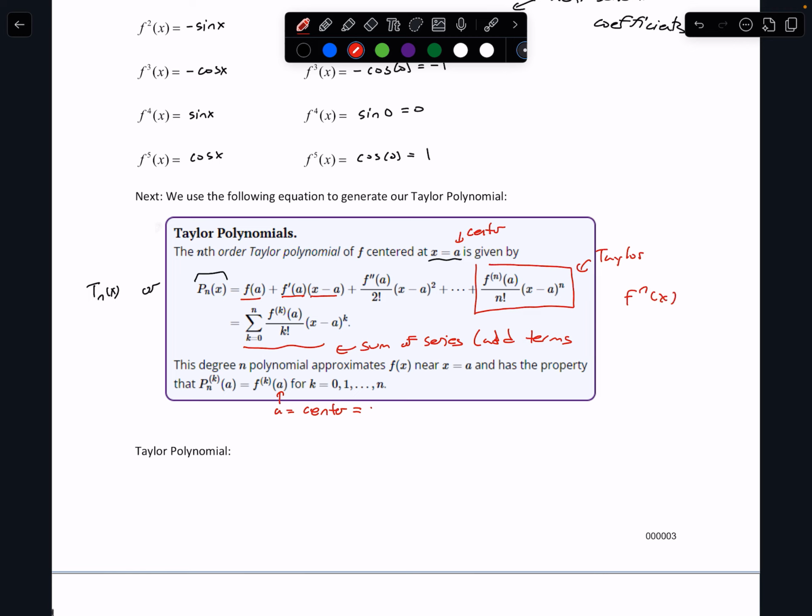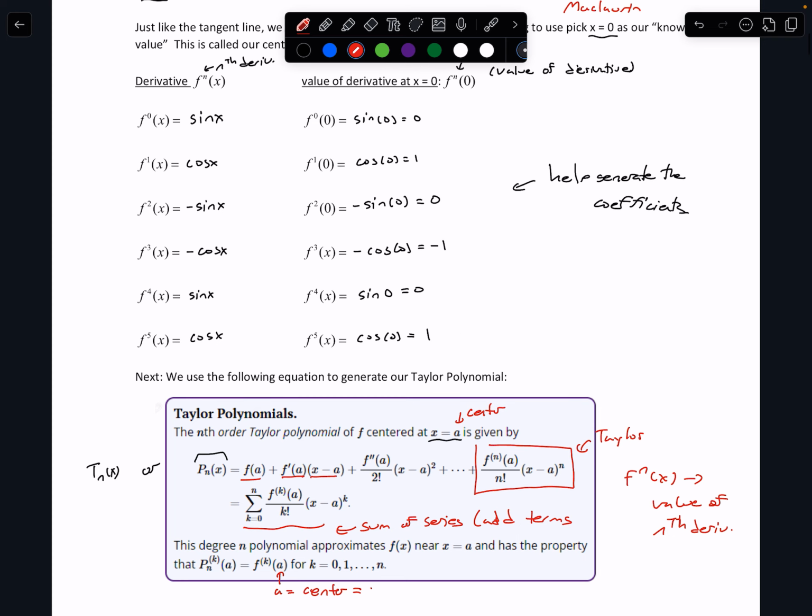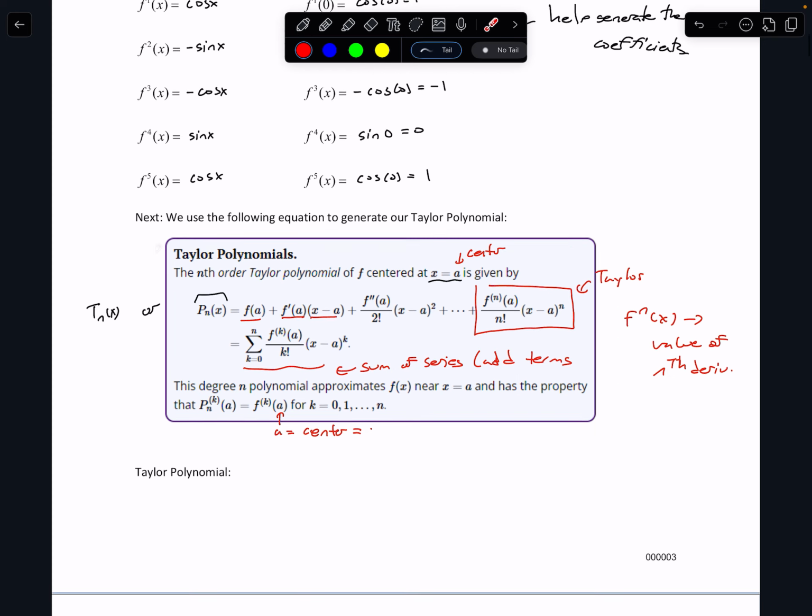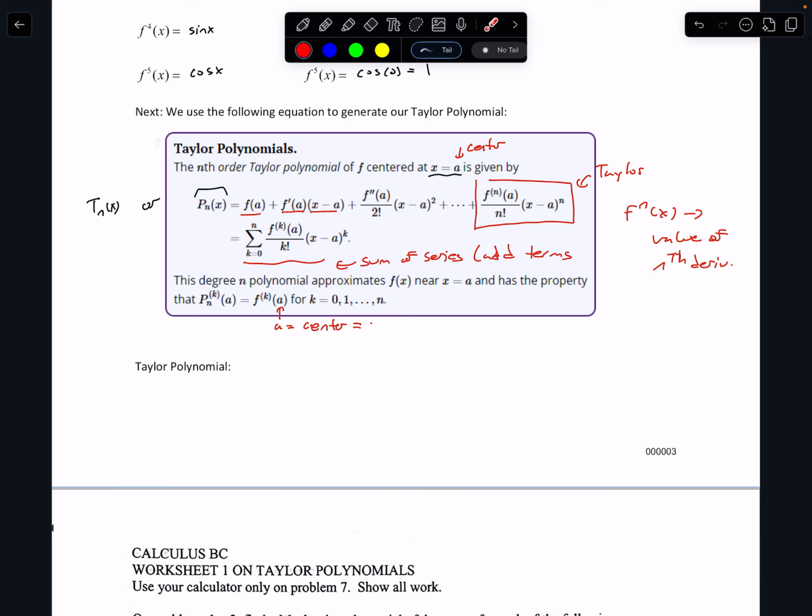This is the value of the nth derivative. If you look at our example up here, we took 5 derivatives. So for us, n will be 5.